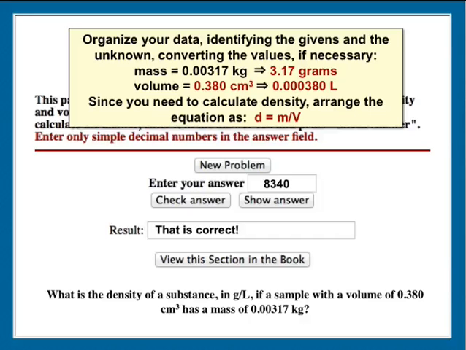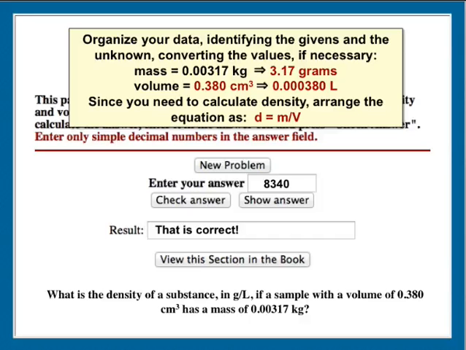It's a set of conversions first, followed by a very simple calculation. It's kind of like real life. If you were given something in one set of units and you had to use it in another, you would do both the conversion and the calculation.